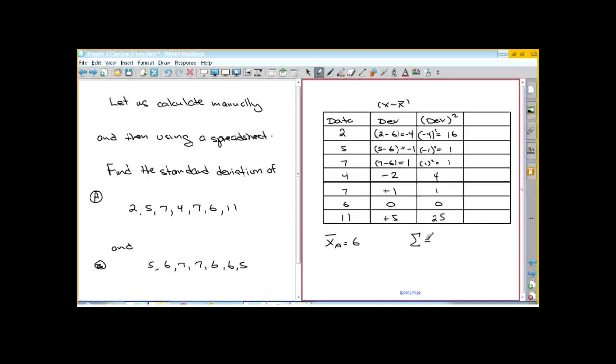And then I add these together down underneath. So the summation, the sigma means summation. So I add these all together: 18, 22, 23, 33, 43, 48. So if you add all the squared deviations together, you get 48.